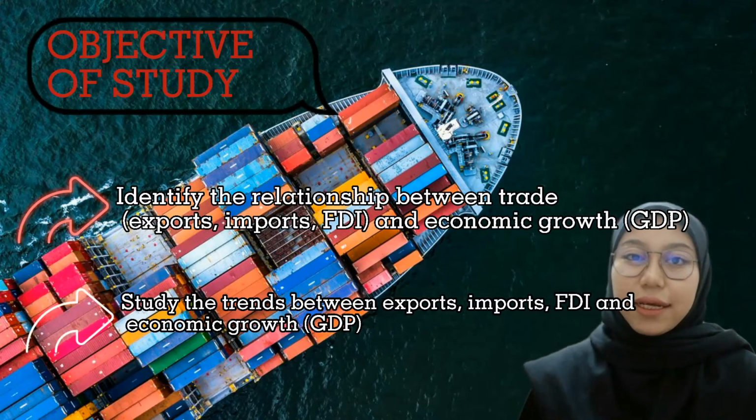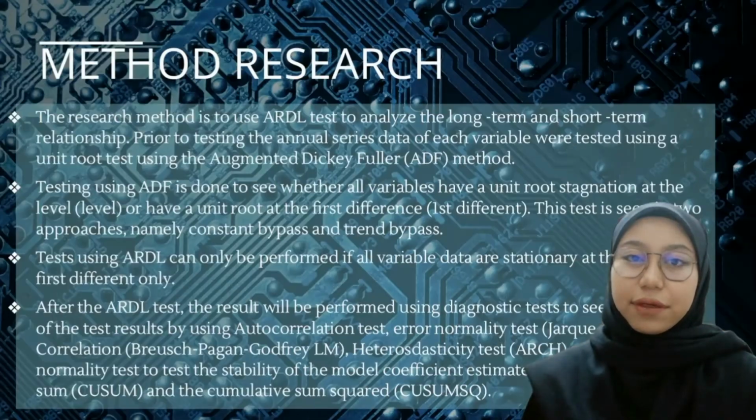The second is to study the trend between export, import, FDI and economic growth. The research method used is ARDL to test the analysis of the long-run and short-run relationship. Prior to testing, the annual series data of each variable were tested for unit root using the ADF method.